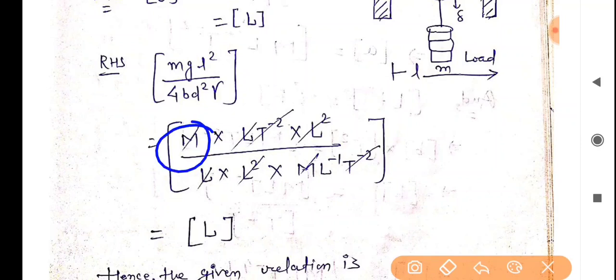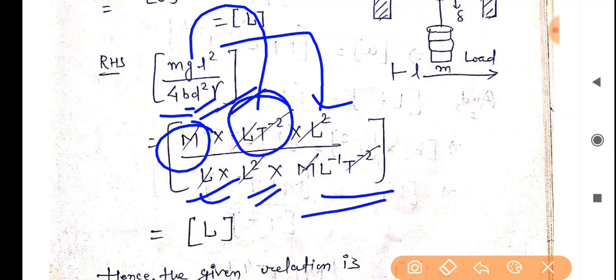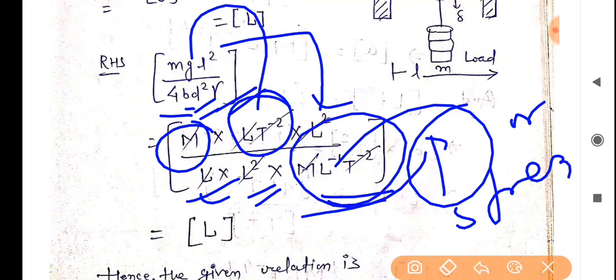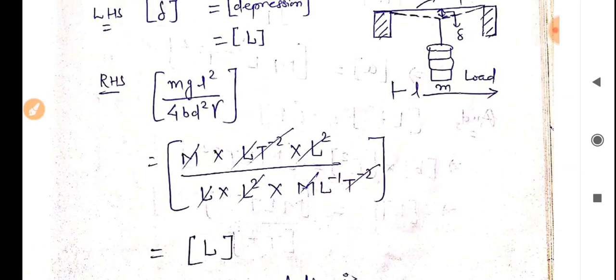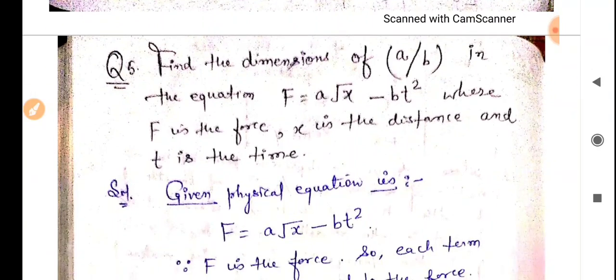So look here, m is for mass, g is acceleration due to gravity, so LT to the power minus 2, and l is length square, 4 is dimensionless, b is breadth so length, and d square is also a length square, into Young's modulus, which has the dimension ML minus 1 T to the power minus 2, same as pressure or stress. On simplifying you will get L. Hence we see that the dimension of LHS is equal to the dimension of RHS. The given relation is dimensionally accurate or dimensionally correct.